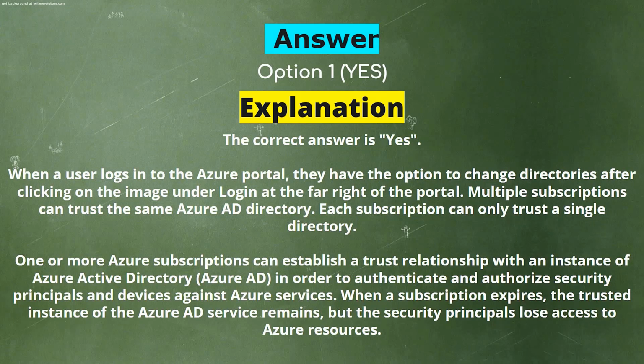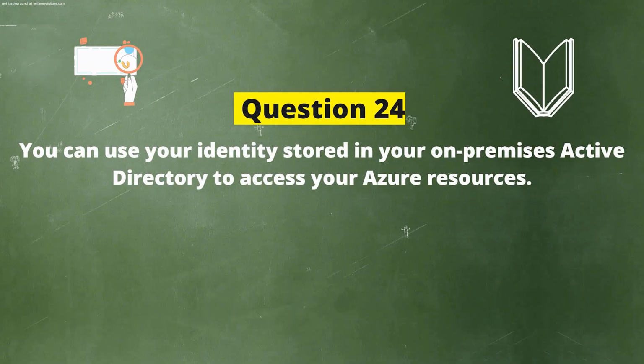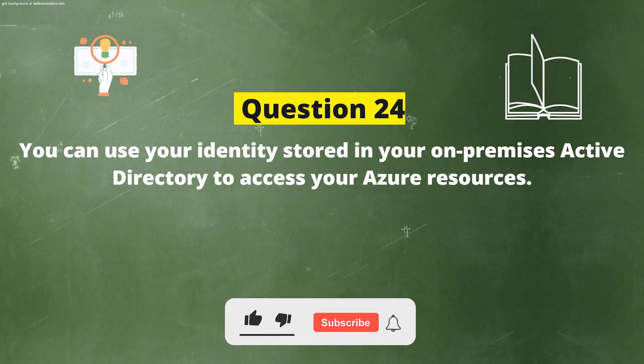One or more Azure subscriptions can establish a trust relationship with an instance of Azure Active Directory in order to authenticate and authorize security principals and devices against Azure services. When a subscription expires, the trusted instance of the Azure AD service remains, but the security principals lose access to Azure resources.